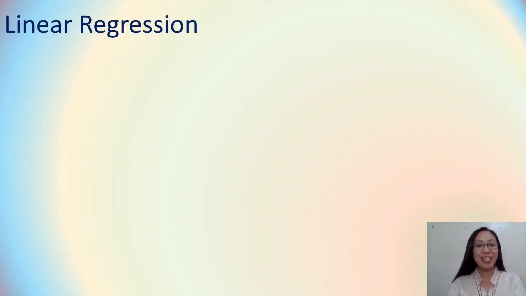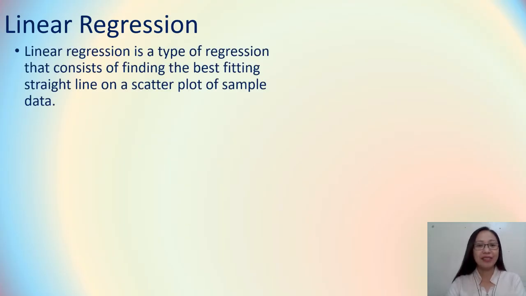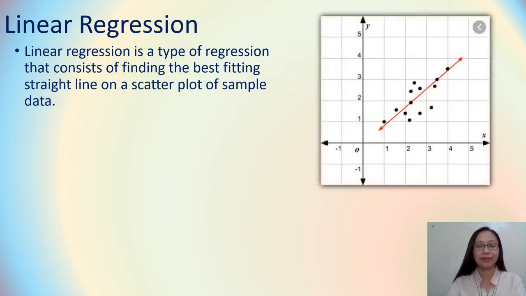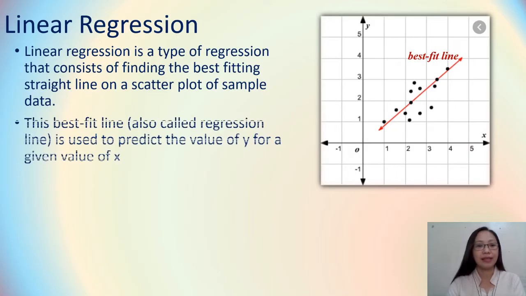Now, what is linear regression? Linear regression is a type of regression that consists of finding the best fitting straight line on a scatter plot of sample data. We have here a Cartesian plane. If we plot the points of our data here, we can see that the dots or the points are actually scattered. Now this red line here is what you call the best fit line.